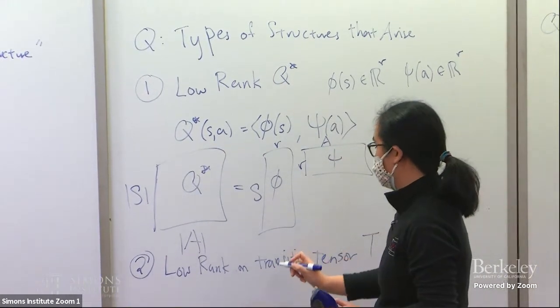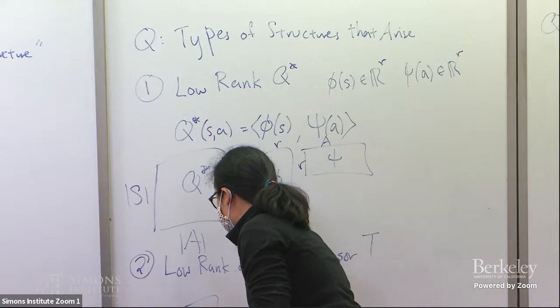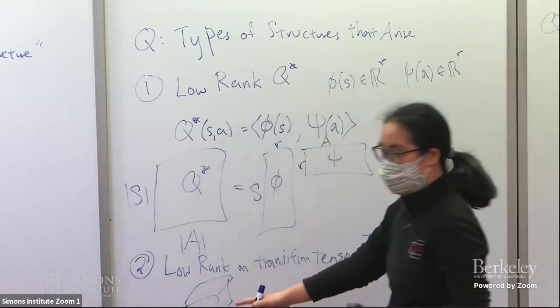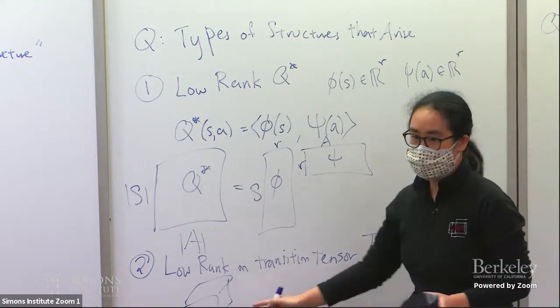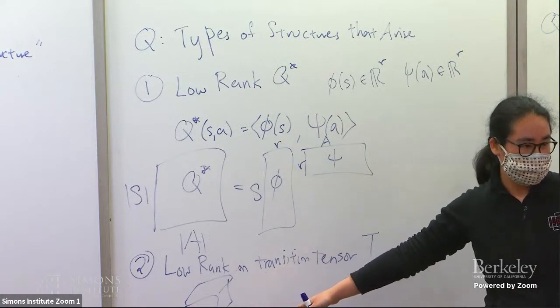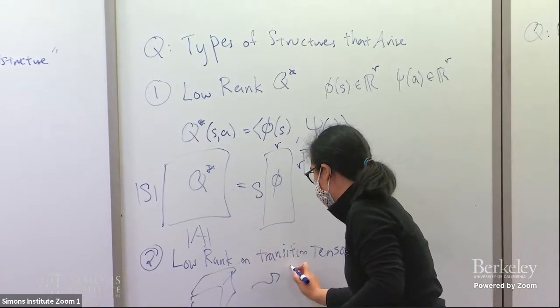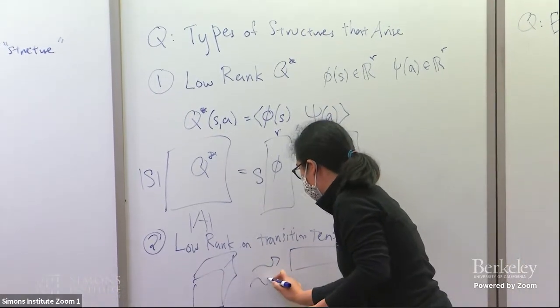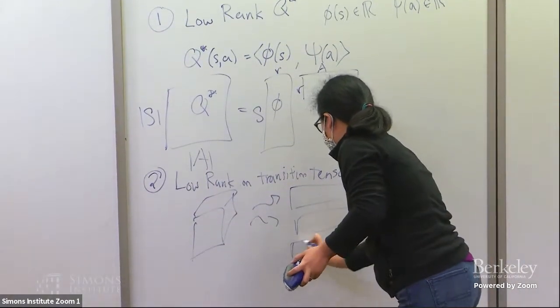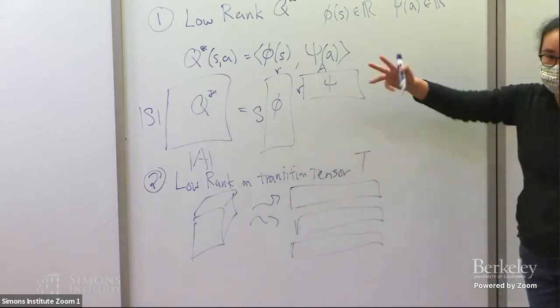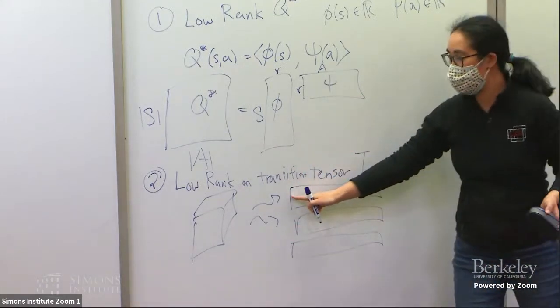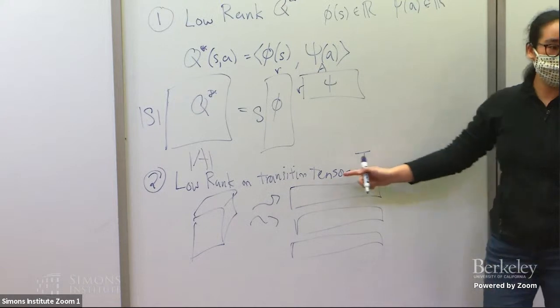Here, you can think of your transition kernel as a tensor and look at the Tucker rank. I take my tensor and flatten it in 3 different ways, along each of the 3 modes, and look at the dimension of the column space.